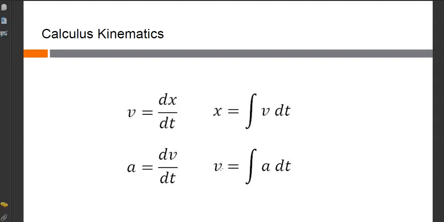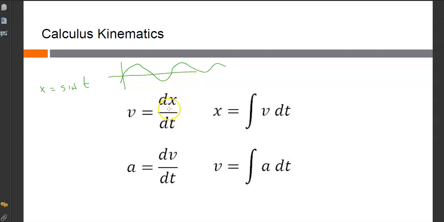Sometimes you'll see the position given as, let's say, the position is equal to the sine of t. Maybe I have an object that's starting here and it's oscillating, going back and forth, going up and down like a sine wave would, and that's a crummy sine wave.